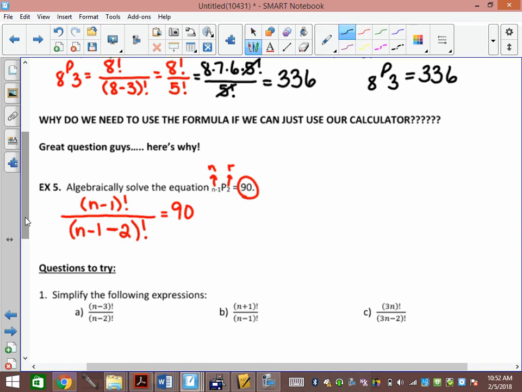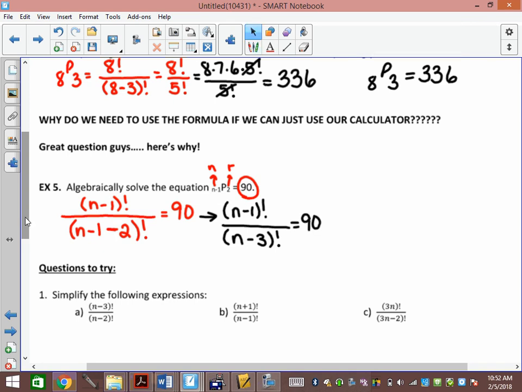So now I have n minus 1 factorial over n minus 3 factorial equals 90. Okay, which one's bigger? n minus 1 or n minus 3? n minus 1. We always expand the bigger one because it can become the smaller one.